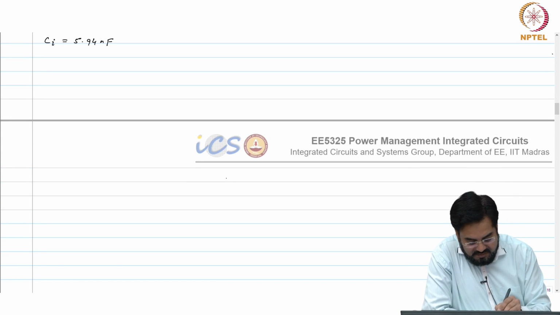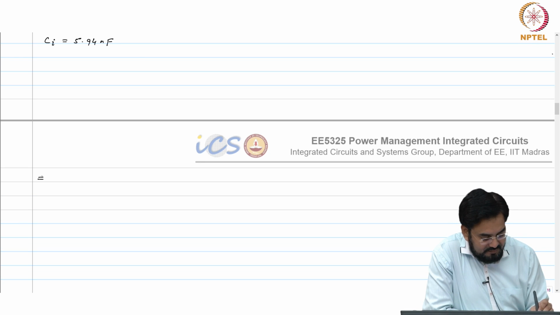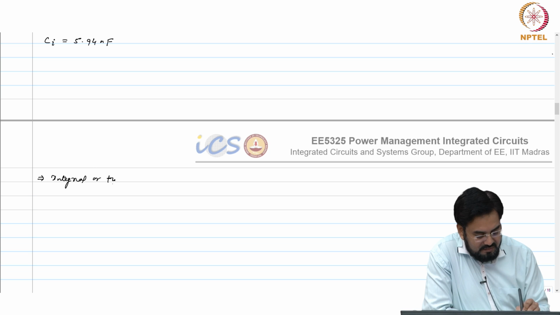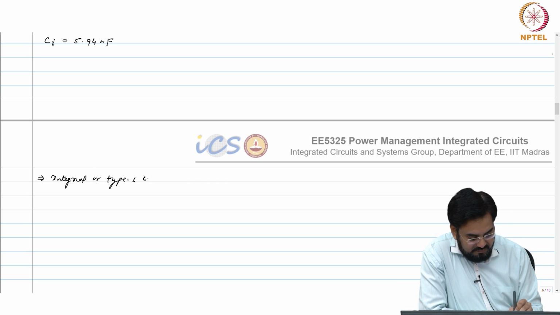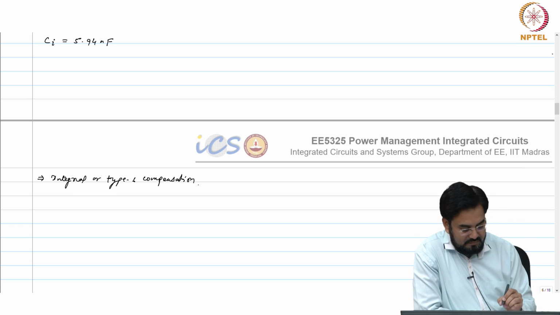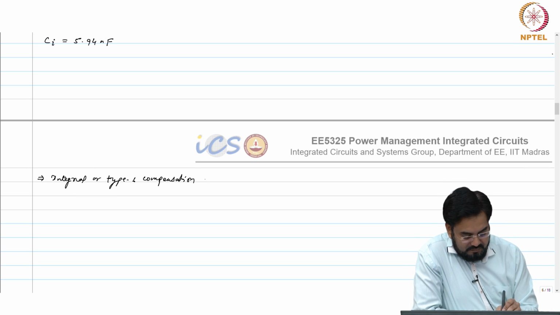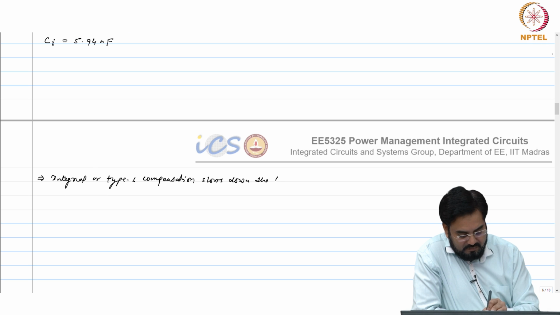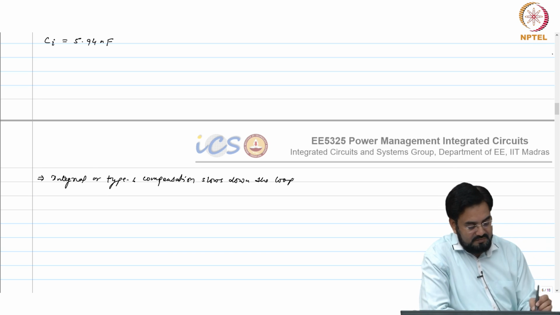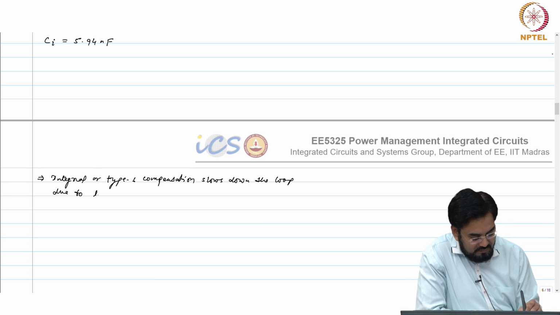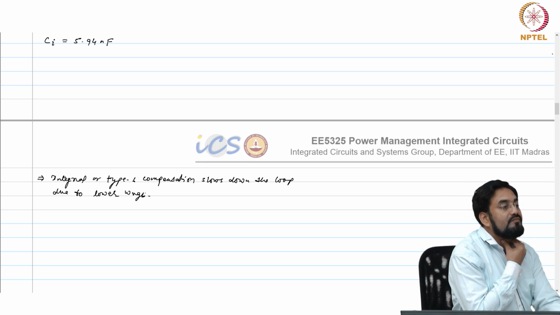So to summarize, integral or type 1 compensation, because you don't have any option here.